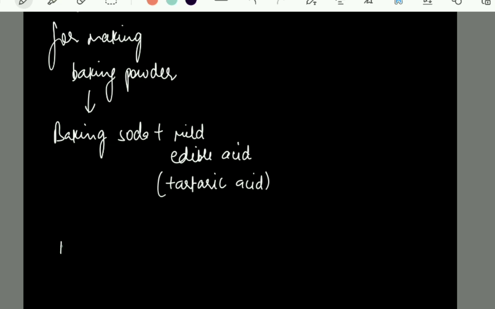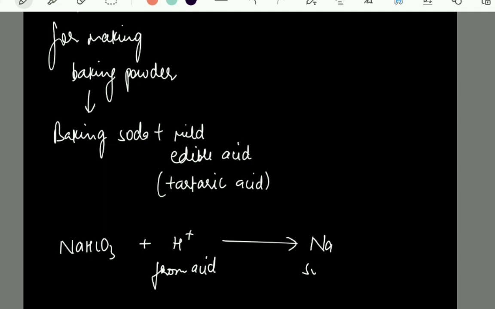So if we have our sodium bicarbonate and mix it in water, the H positive ions are going to come from the acid, because any acid won't ionize unless we add water to it. So it will give us sodium salt of the acid, whatever acid we have taken, water, and carbon dioxide is going to be released. So the carbon dioxide released over here is responsible for making bread and cake rise, or to make them soft and spongy.